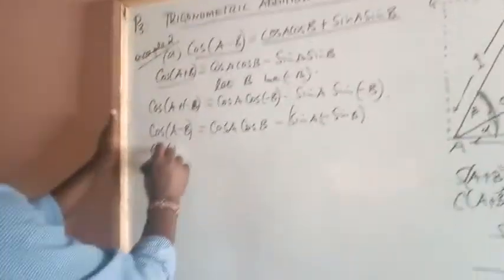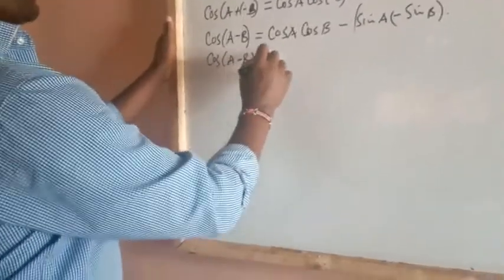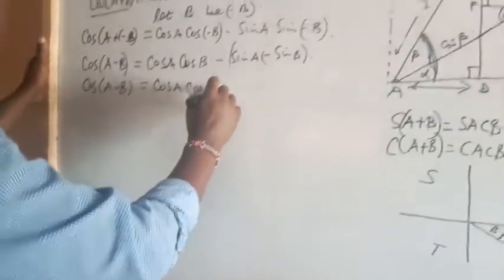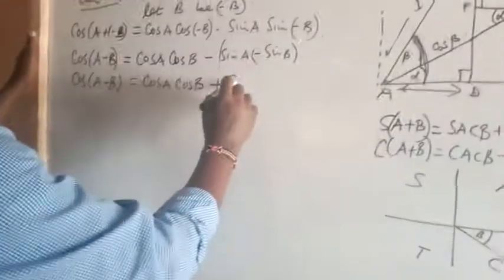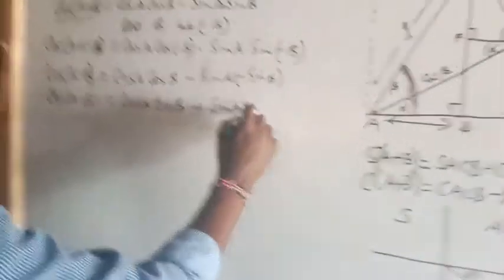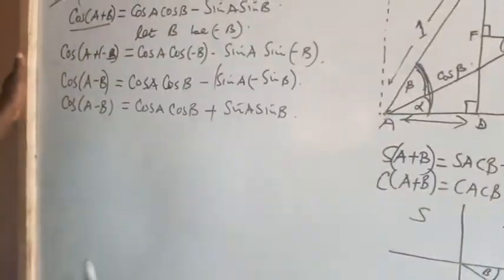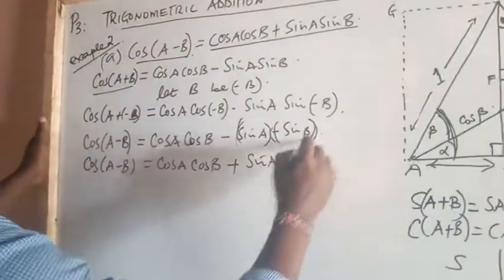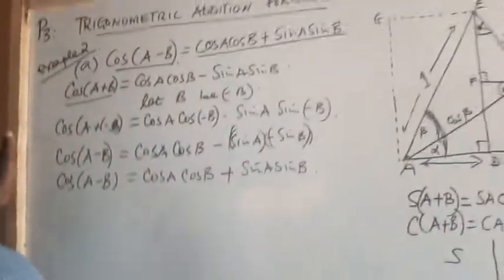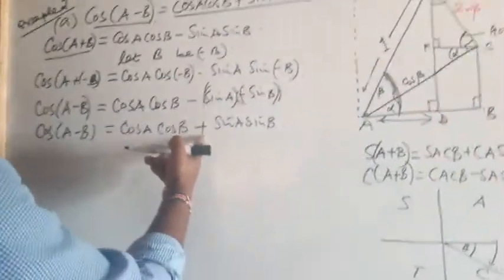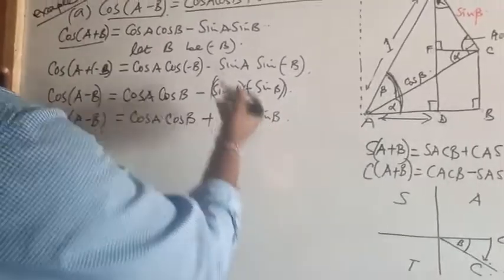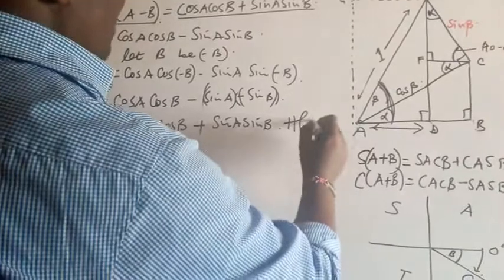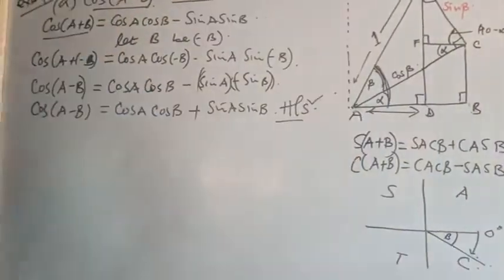That the cosine of A minus B is equal to the cosine of A times the cosine of B plus the sine of A times the sine of B. Remember, if you open this bracket, we have the sine of A times this negative sine of B, which gives us positive sine A sine B.